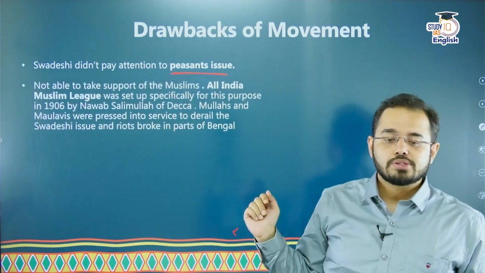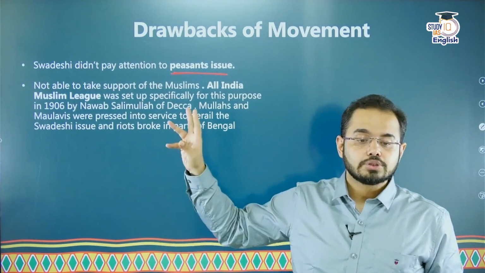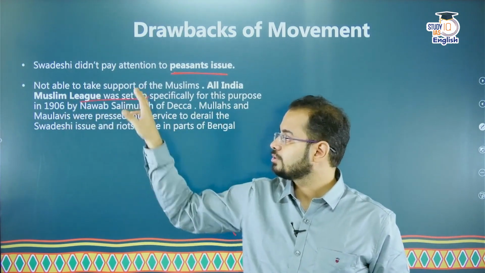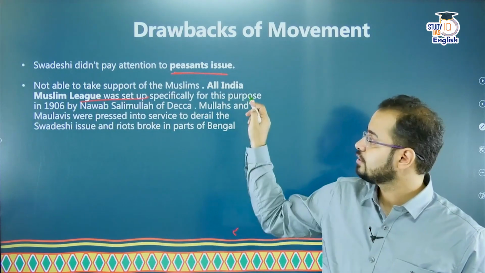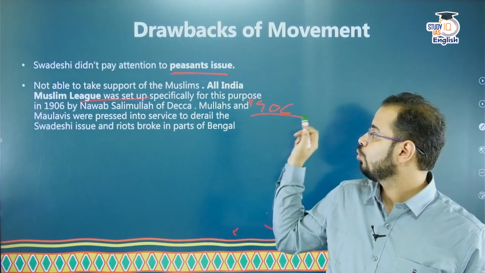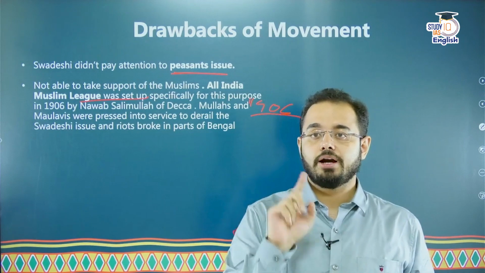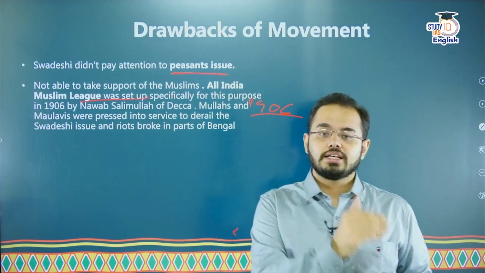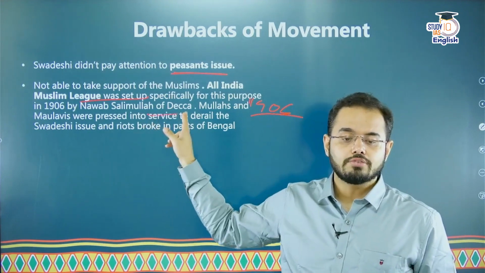Second, it was not able to take the support of Muslims. The All India Muslim League was specifically set up at this point of time. The All India Muslim League was set up in 1906, just 1 year after the partition of Bengal. And it was set up with the help of the Britishers under the leadership of Nawab Salimullah of Dhaka.